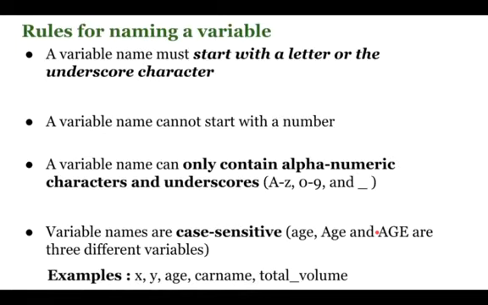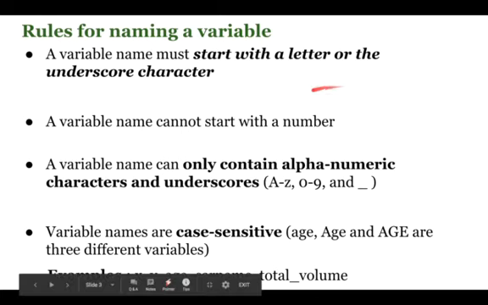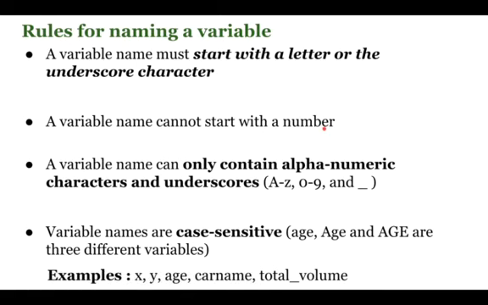The rules for naming a variable are the same as that of the identifiers. The variable name must start with a letter or the underscore character. It cannot start with a number. A variable name can contain only alphanumeric characters.